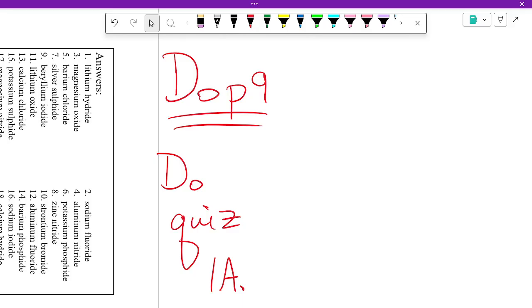So we got lithium. Yes, thank you, Malia. Yay! Okay, you can have it back. You get to keep it. Okay, and we don't put the brackets. Oh, so that cut off the mark?